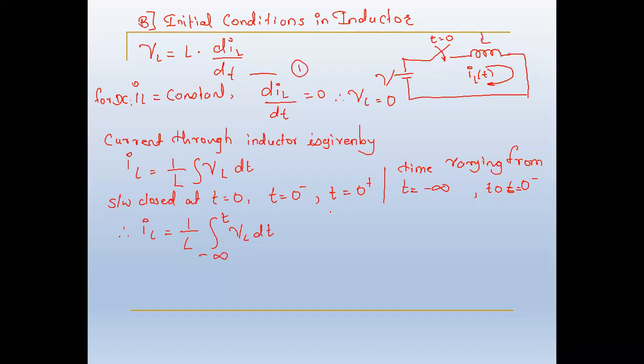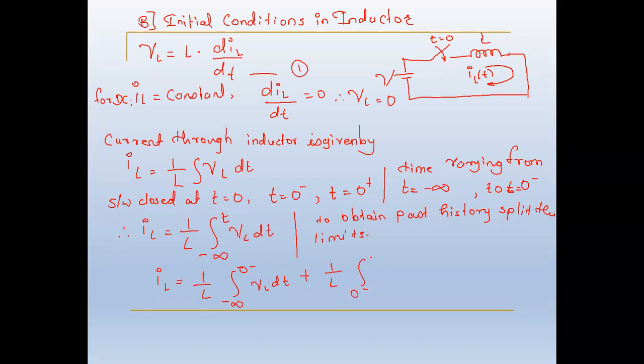To obtain the past history, the initial condition, let us split the limits of the integration. So IL is equal to 1 upon L integration of minus infinity to 0 minus VL dt plus 1 upon L integration of 0 minus to t VL dt.